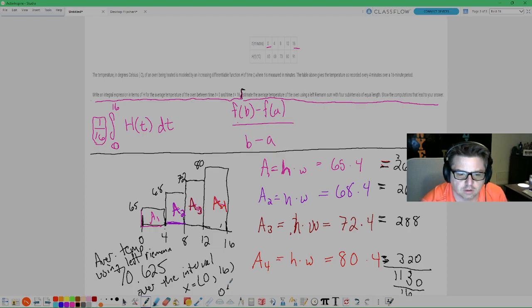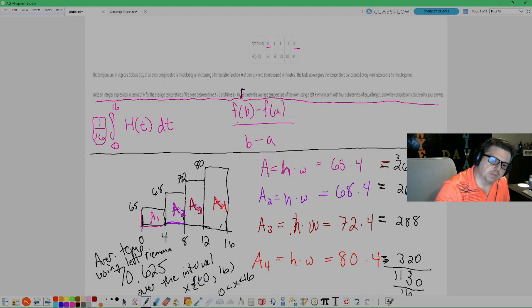Or we could do 0 less than x less than 16. However you want to do that interval. Although I think I would have to do this beast. I don't know. How did they write their interval? Let's take a look.